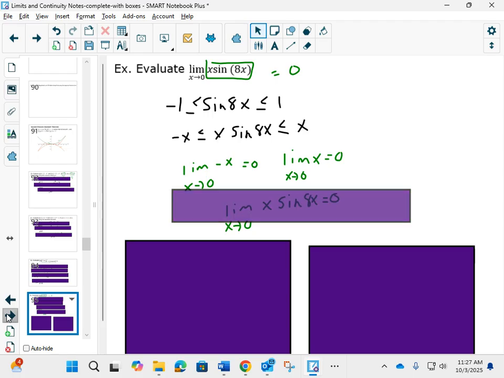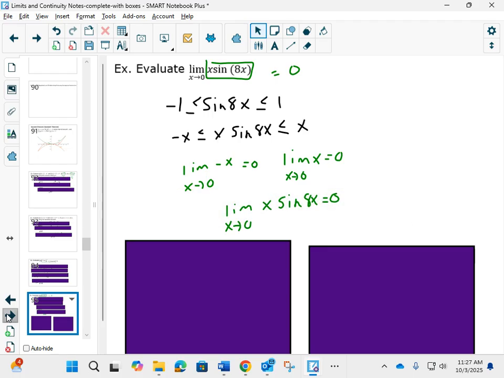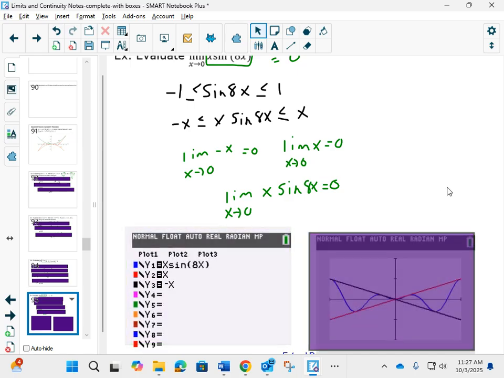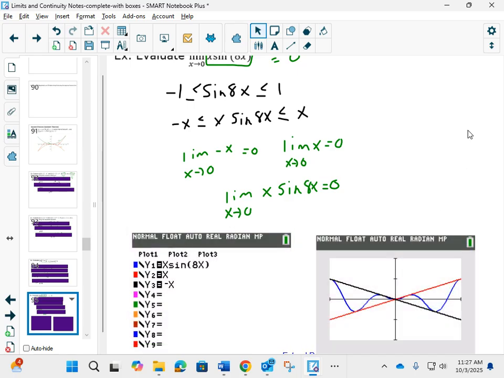So this limit would equal 0 as well. Sometimes it's fun to see the graphs. See that it's always in between them? Which is kind of cool. But didn't need the squeeze theorem for that one at all.